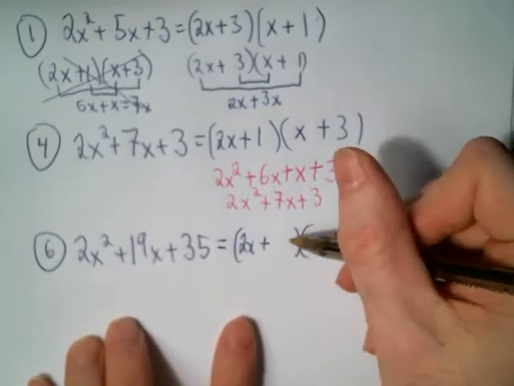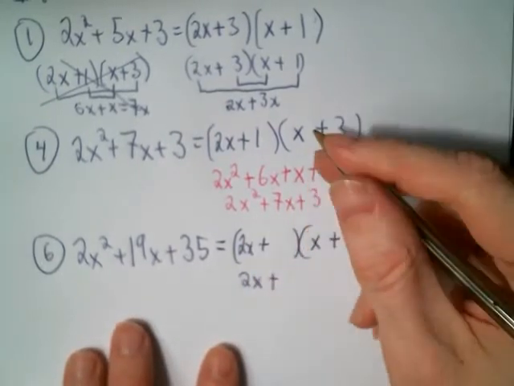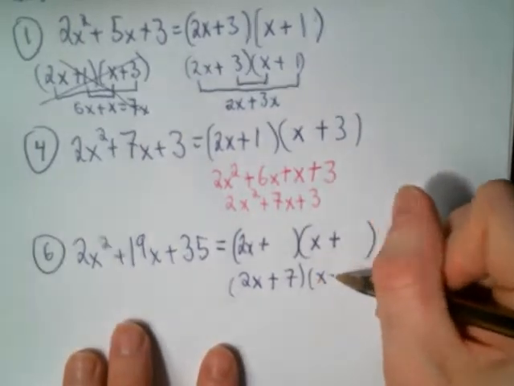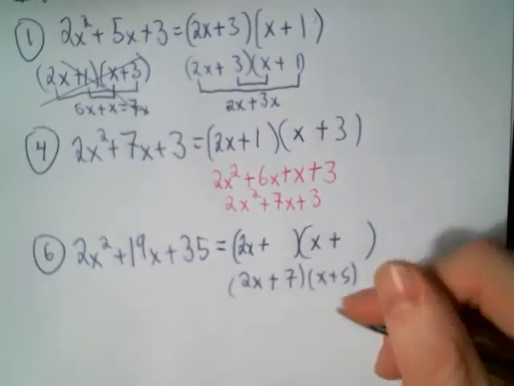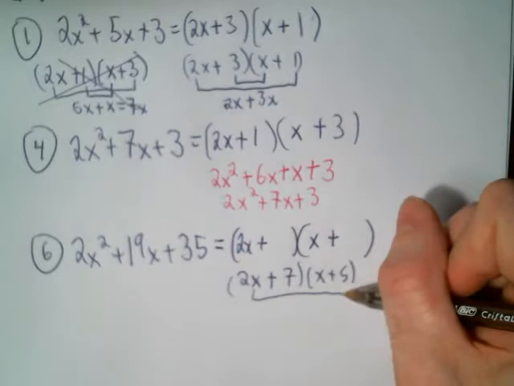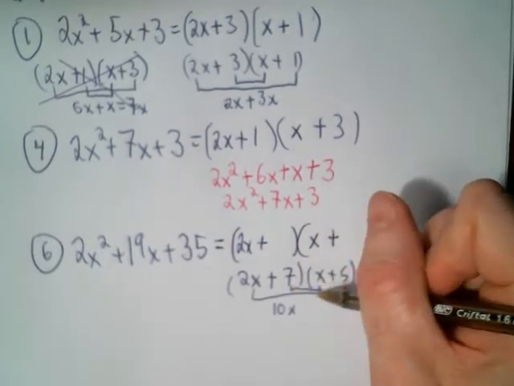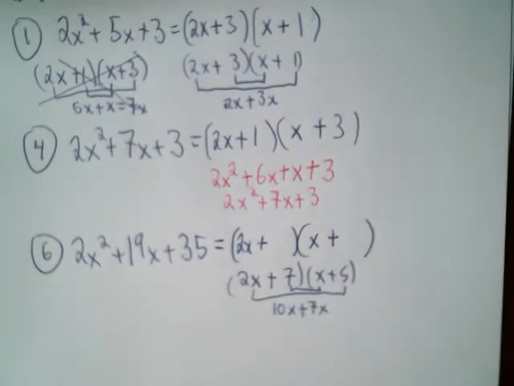So anyways, I'm going to check 7 and 5. So I'll do 2x plus 7 here, and then x plus 5 here. Then check your inner and outer. The outer is 10x, and then the inner is 7x. Okay, so that won't work.